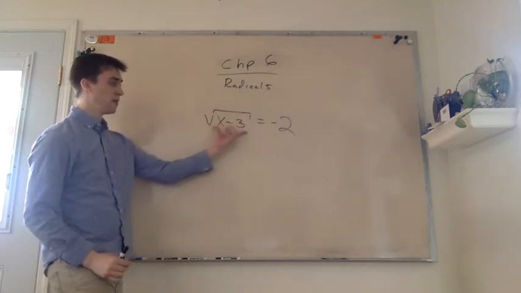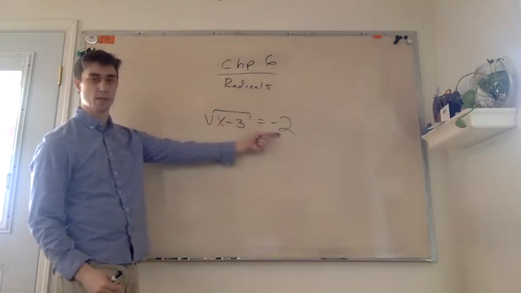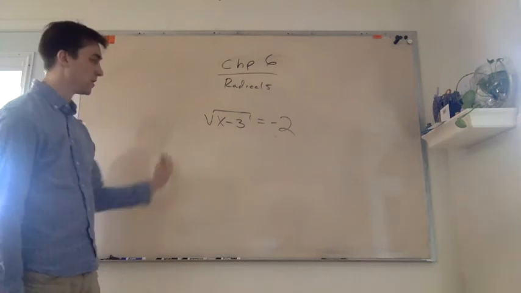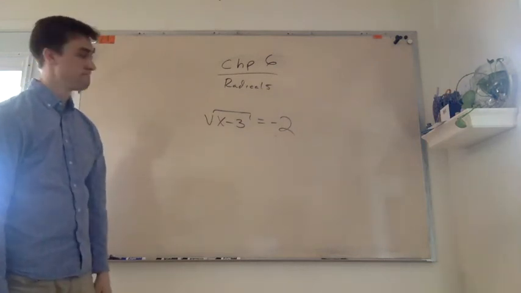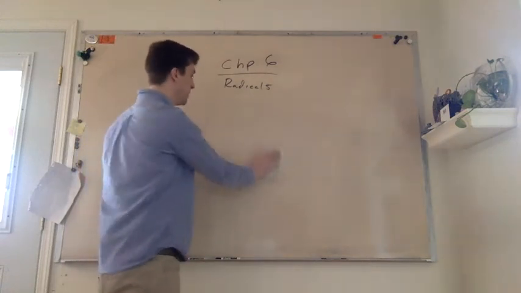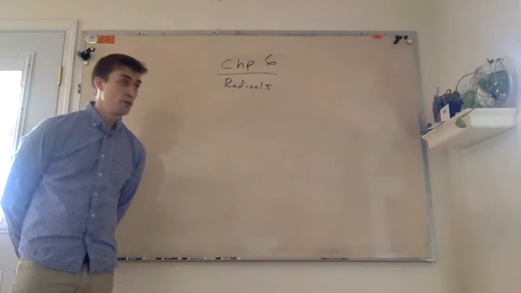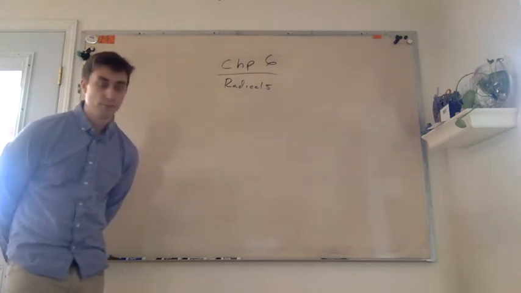So whatever you're seeing here should be a positive number, but this is saying that it's the same as a negative number, which can't be right. So there is no solution to this. Nice. Yeah, so verify your solutions when you square both sides.